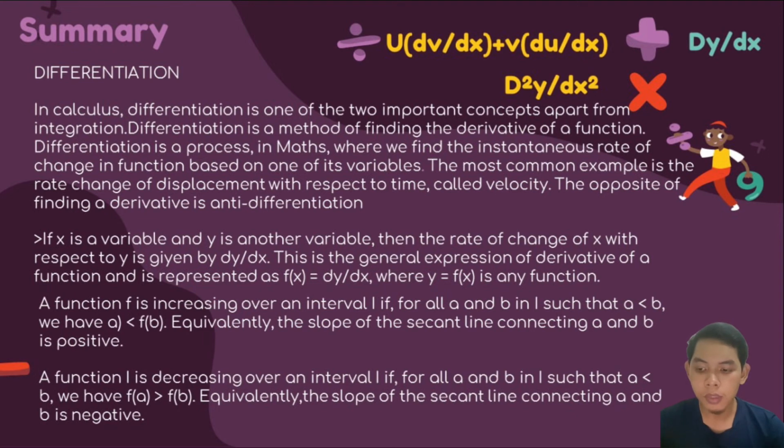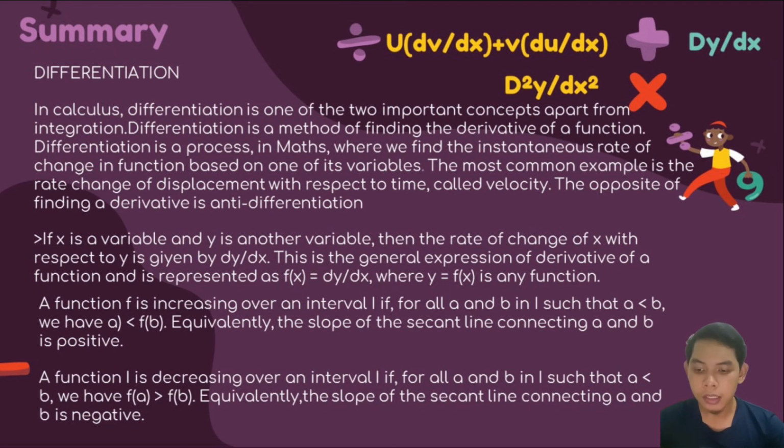A function f is increasing over an interval I if for all A and B in I such that A is smaller than B, we have f(A) smaller than f(B). Equivalently, the slope of the secant line connecting A and B is positive.